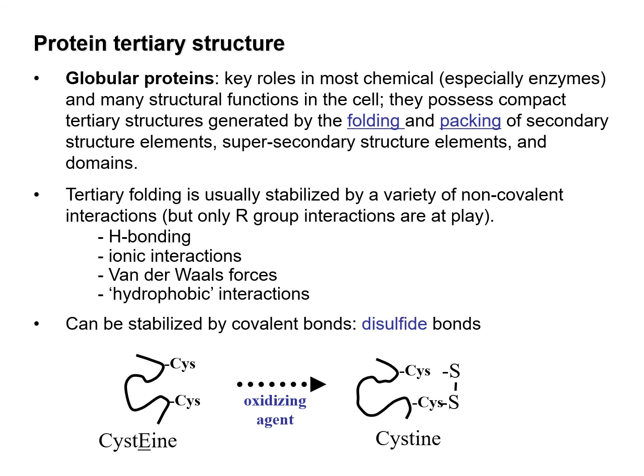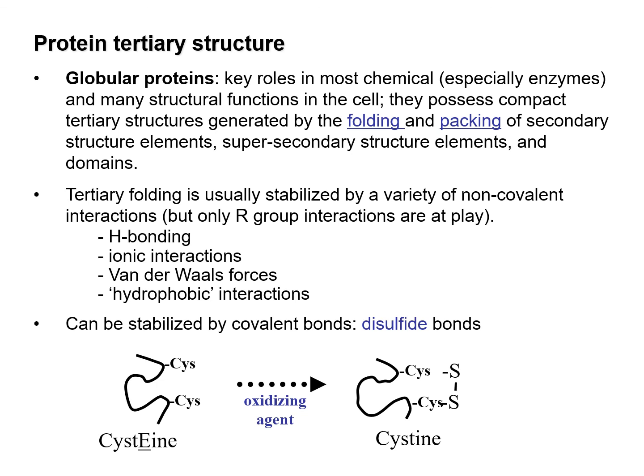They possess compact tertiary structures generated by the folding and packing of secondary structure elements and super secondary structure elements, such as motifs and domains. Tertiary folding is usually stabilized by a variety of non-covalent interactions such as hydrogen bonding, ionic interactions, van der Waals interactions, and hydrophobic interactions.